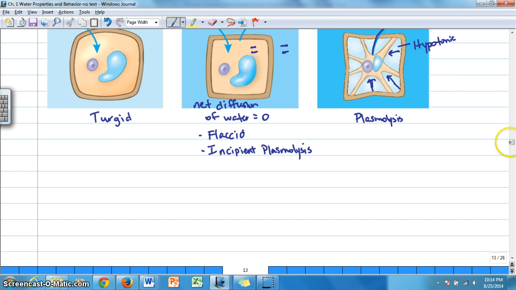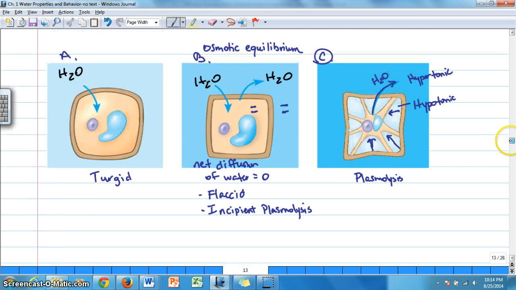Because the pressure exerted on the cell wall during osmotic equilibrium is equal both inside and outside, we would say that the turgor pressure equals 0.